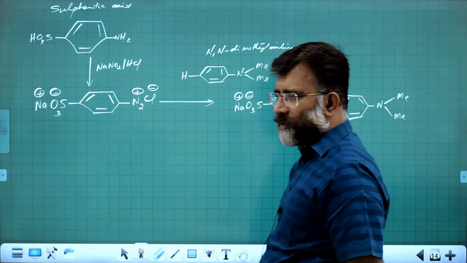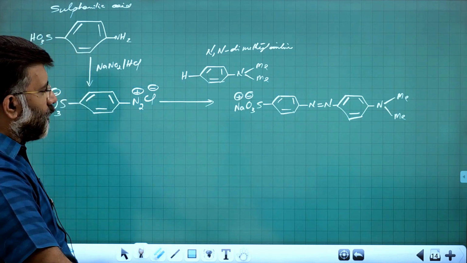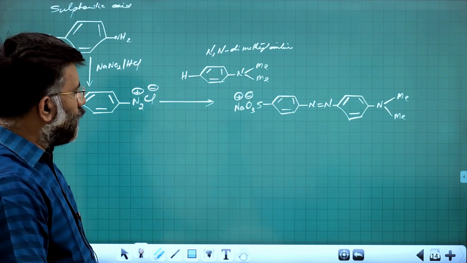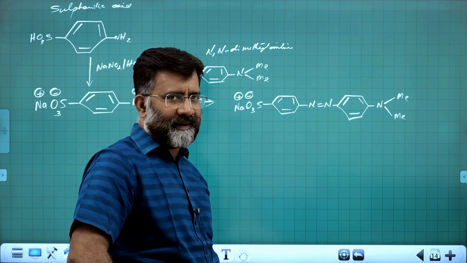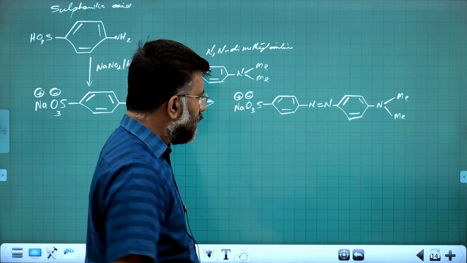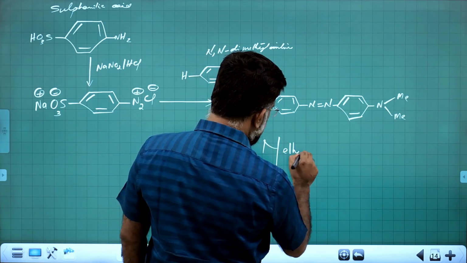This is an azo coupling product obtained in that example, which is very popular. Quite frequently all of you use it in the laboratory for acid base titration as an indicator, the one called exactly methyl orange.